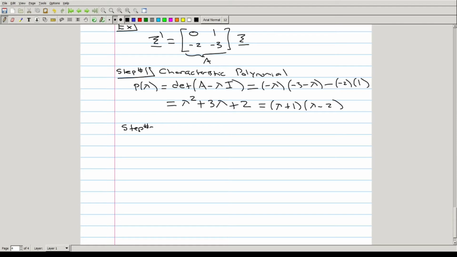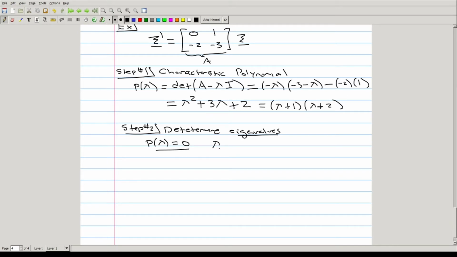So then step number 2 is to determine the eigenvalues. These are when p of lambda is equal to 0. Oh, there should be a plus right here.